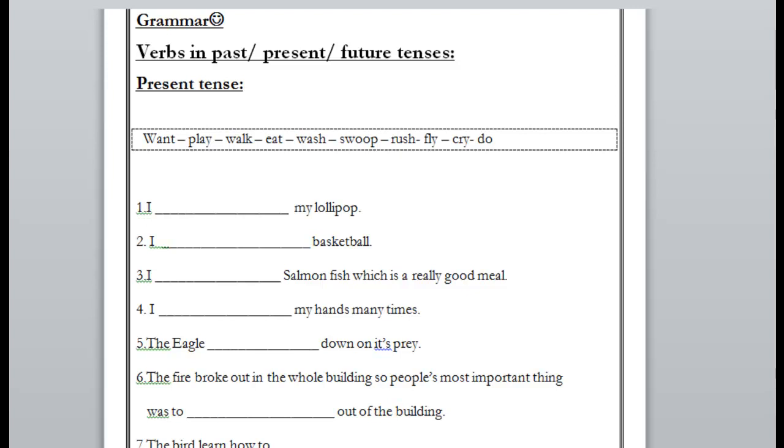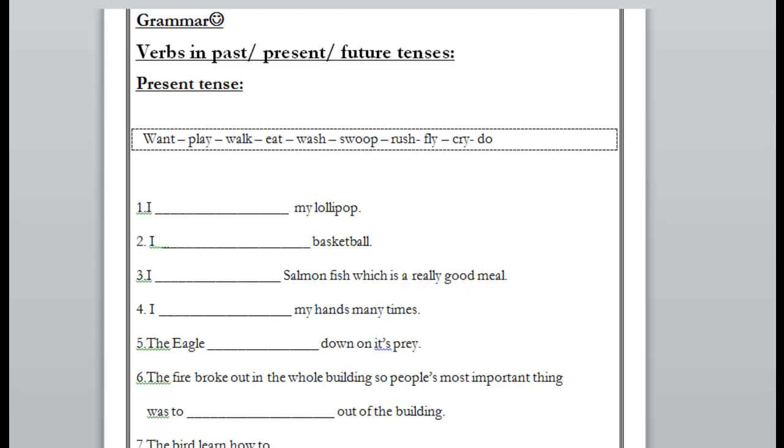Okay, so the present tense, number 1. First let's read the words in our box. Want, play, walk, eat, wash, scoop, rush, fly, cry, do. So number 1, I what my lollipop? I what, guys? Yeah, exactly.